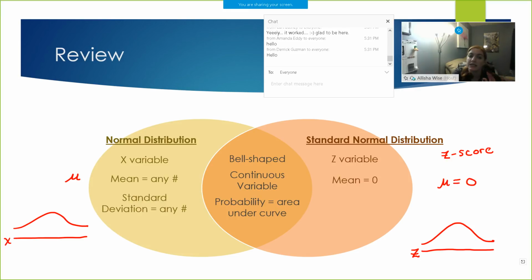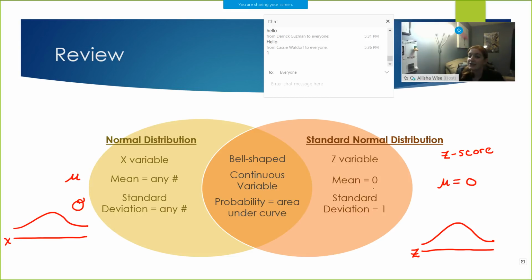How about the standard deviation though? Standard deviation of a normal distribution will be given as well. We don't know what that number is. And recall that sigma is your population standard deviation. Does anybody remember what the standard deviation for a standard normal distribution is? Yes, very good, Cassie.